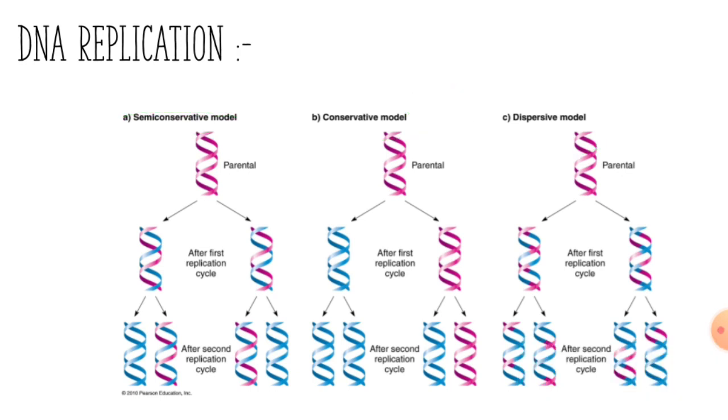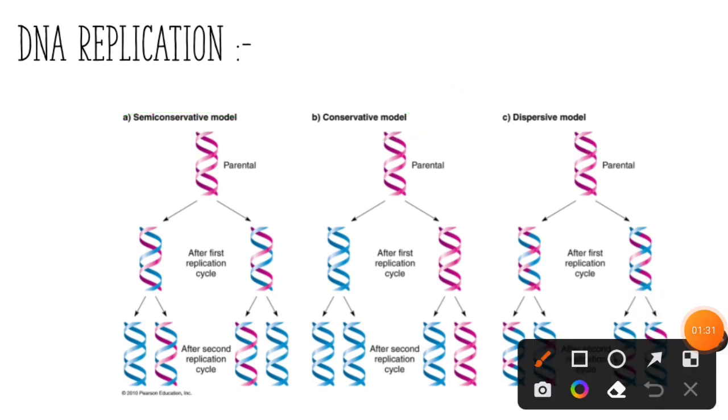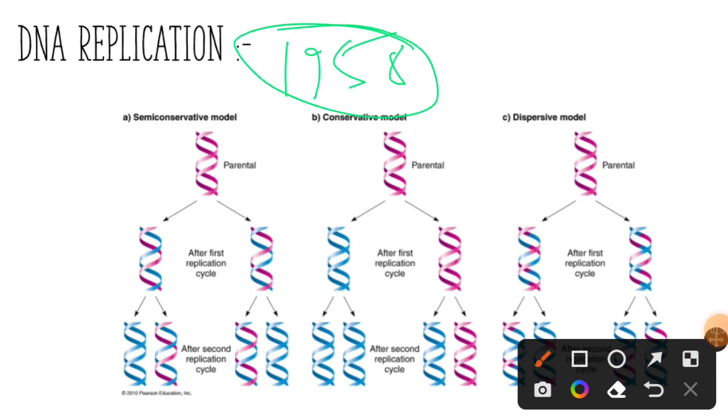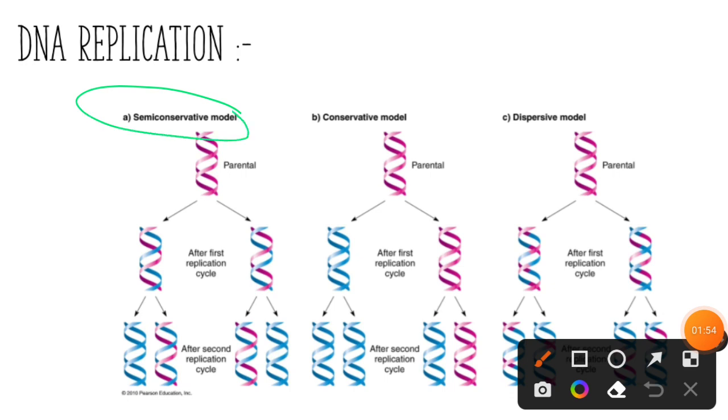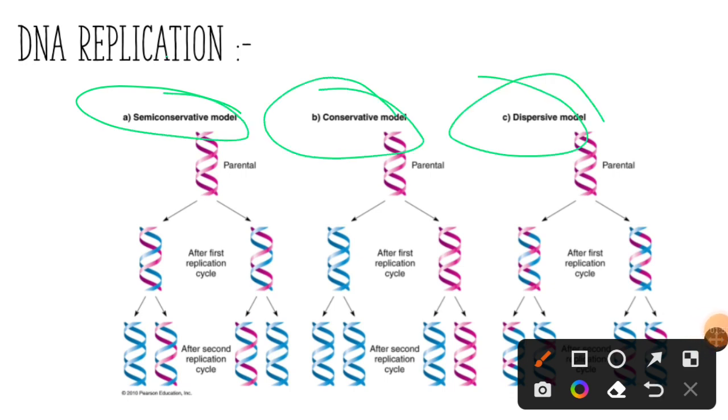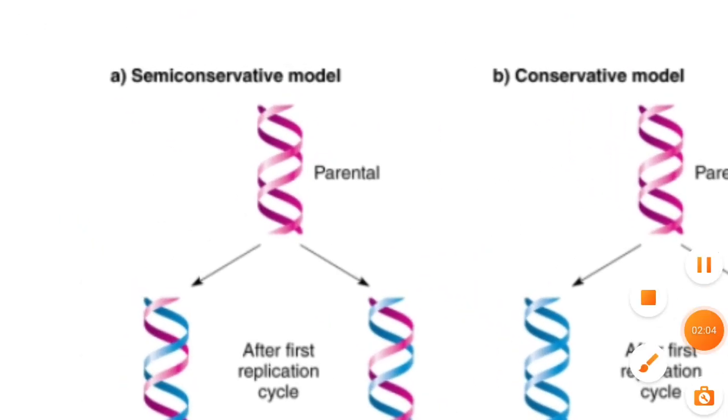The Meselson and Stahl experiment was conducted in 1958, and at that time there was no sequencing or anything that could give us an idea about how DNA replicates. So there were three possible models for DNA replication. The first model was the semi-conservative model.